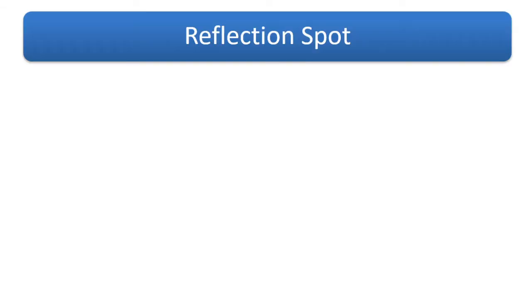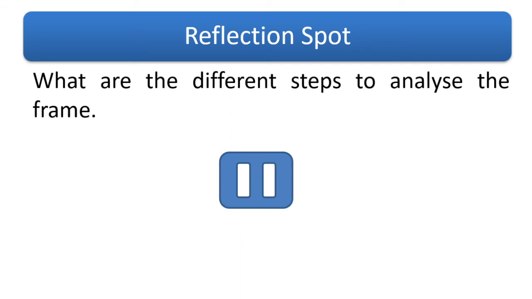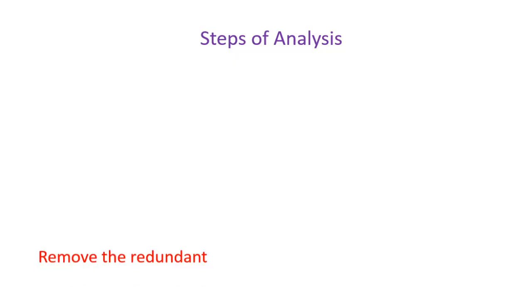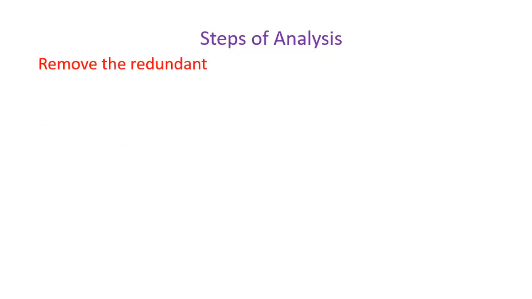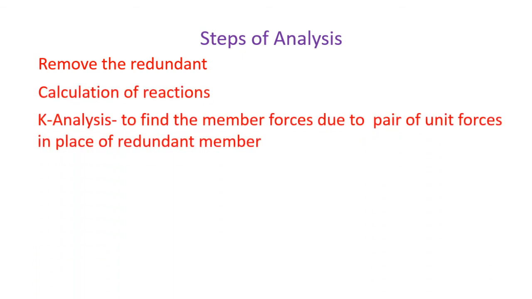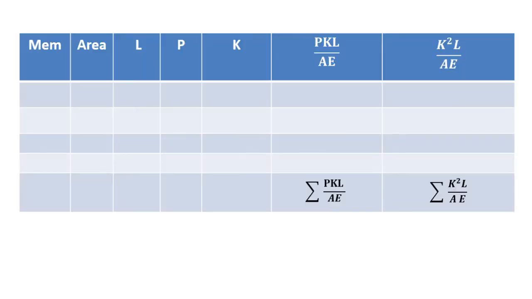Now take a pause, and a question arises in the mind: what are the different steps to analyze the frame? The steps of analysis: first is remove the redundant, second is calculation of the reactions, then the K analysis, then this table.